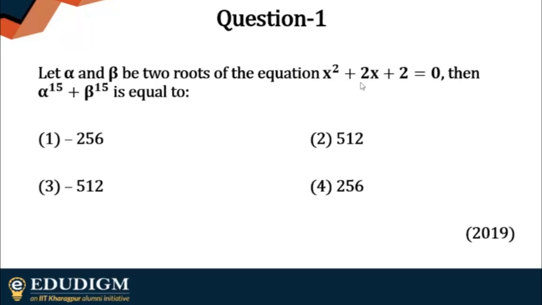So can you just quickly tell me in the chat box what method you have used for finding out alpha to the power 15 and beta to the power 15? Deboshmita also says it's one. Okay.